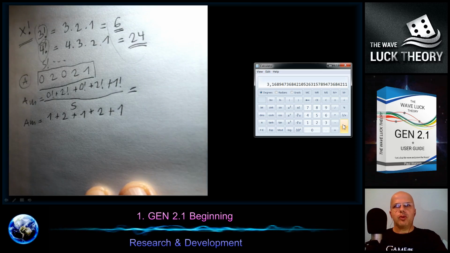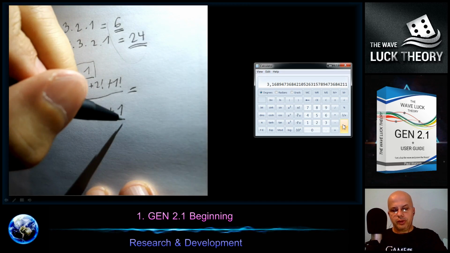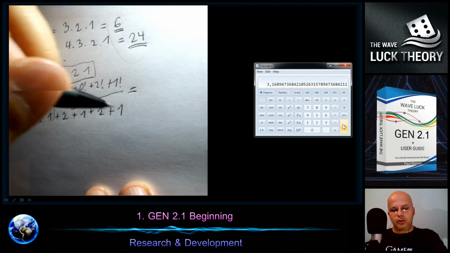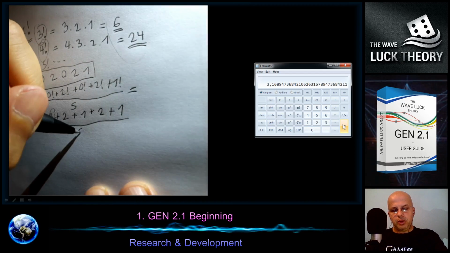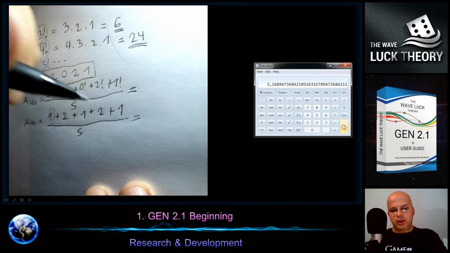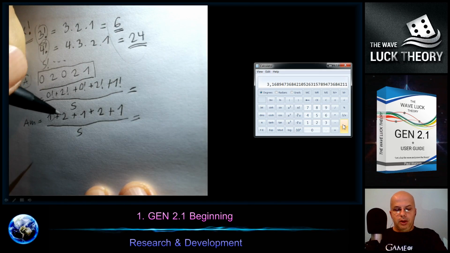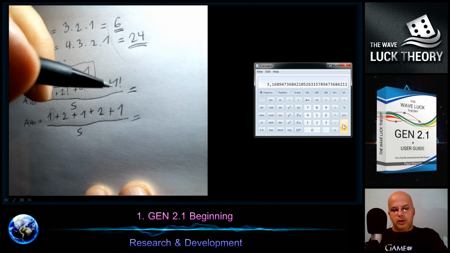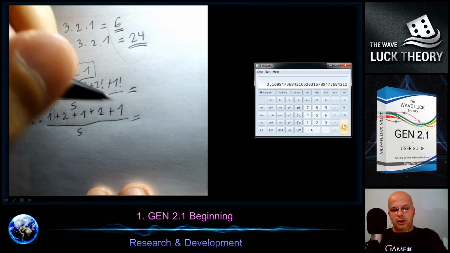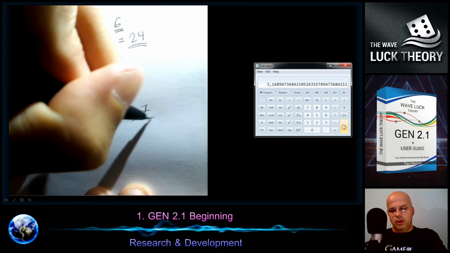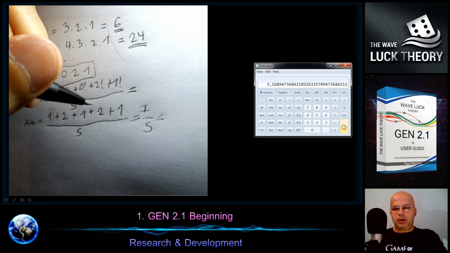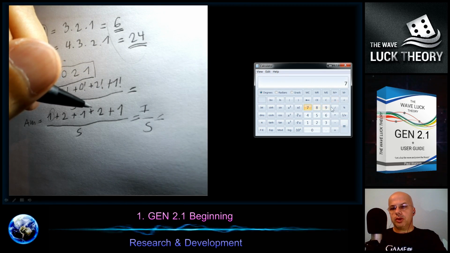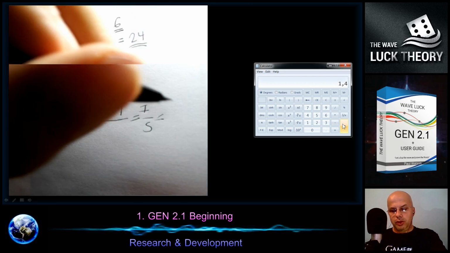So factorial of 0 or 1 is always the same, so we are getting a small value for 0 as well, and divided by 5. So it is 3 plus 3, it's 7 divided by 5. And let me calculate it. Divided by 5 is 1.4.